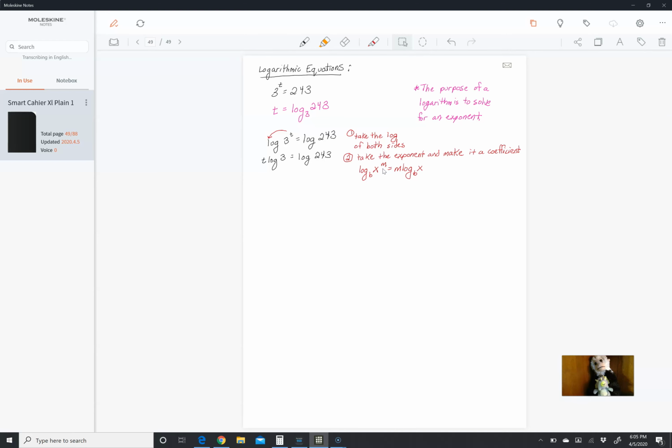We can't solve for t as long as it's an exponent. And this right here, moving that t to the front, allows us to get it out of the exponent. And now the solving is pretty straightforward, because all we have to do is divide both sides by the log of 3. And that's our last step, isolate the variable.